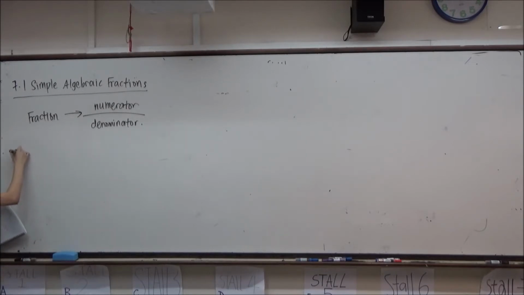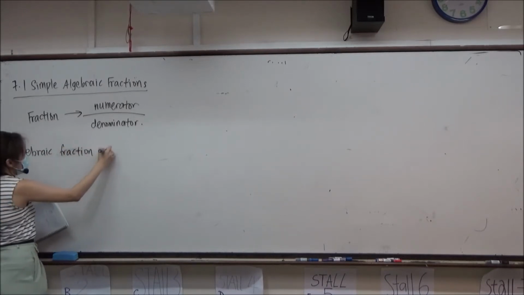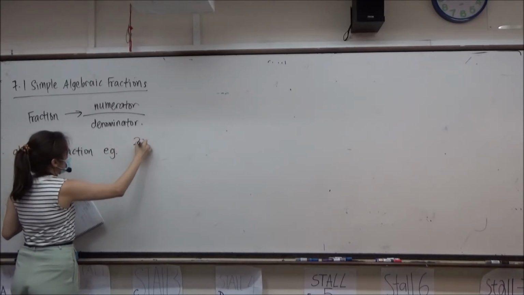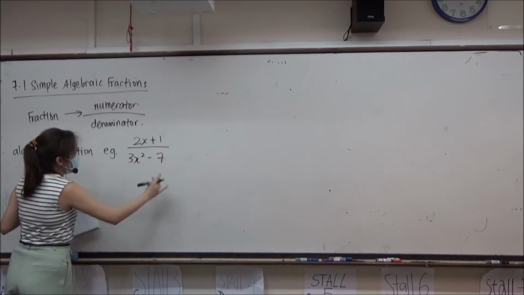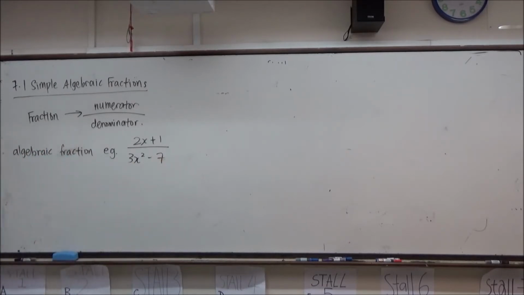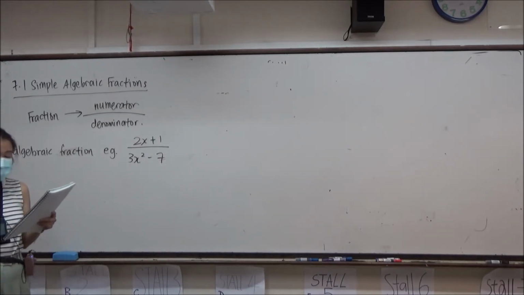For example, maybe we have 2x plus 1 over 3x squared minus 7. So something like that would constitute an algebraic fraction. Alright? Algebraic fractions definitely behave the same way as numerical fractions.